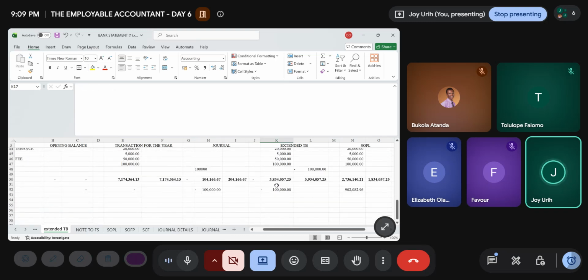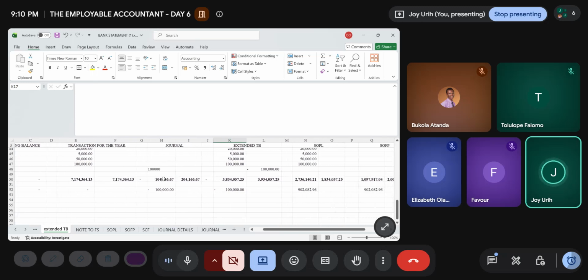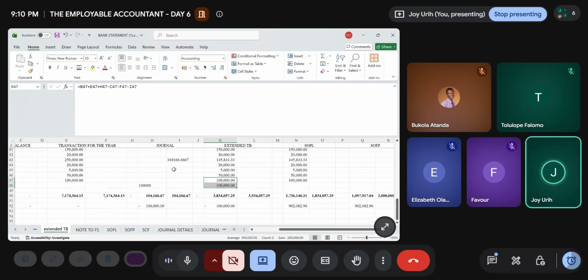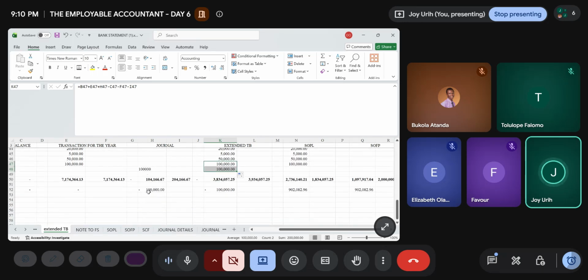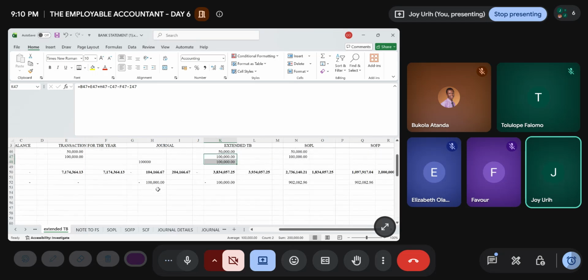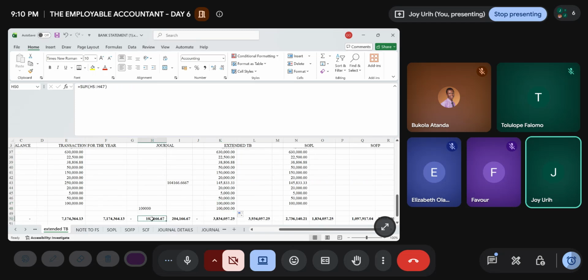So I'll go to my depreciation as well. Is it appearing well? Depreciation is not appearing well too. So I need to drag it to ensure it's on the debit side. Then my journal is not accurate. It's telling me that there's a difference, which means something is not adding up.